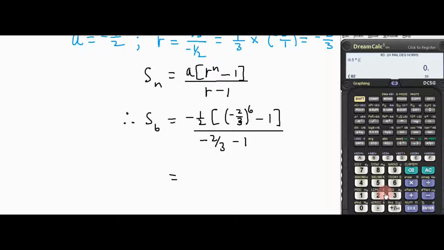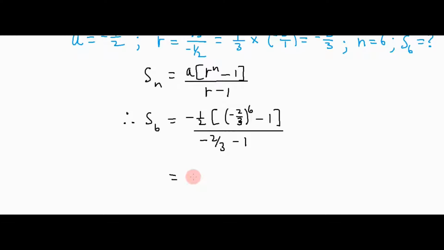So let's see what it comes to. And it's negative 0.27 rounded off to 2 decimal places.